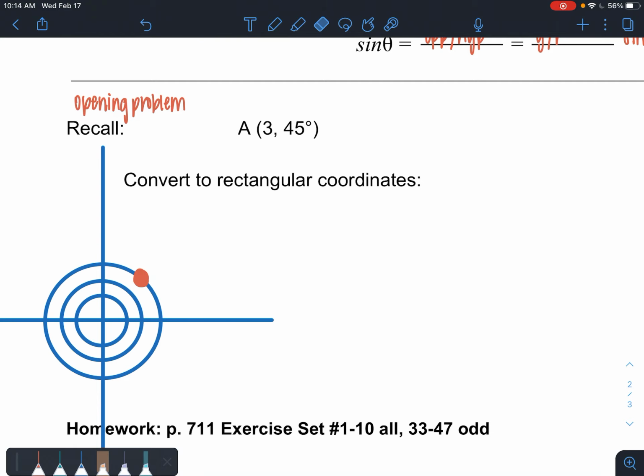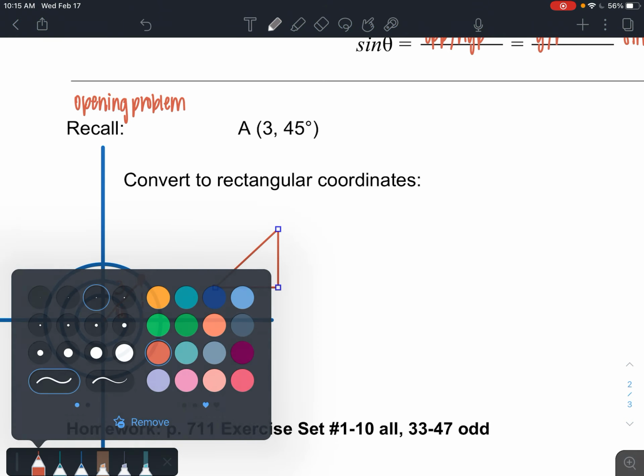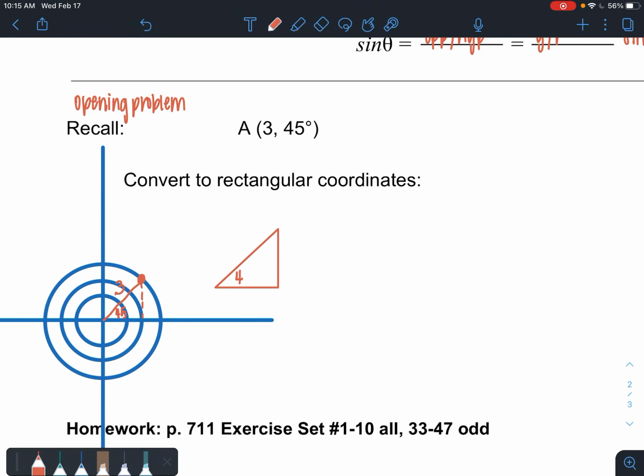If I were to draw this out, this right here is 3, and this angle right here is 45. So to blow that up, 45, and this is 3.